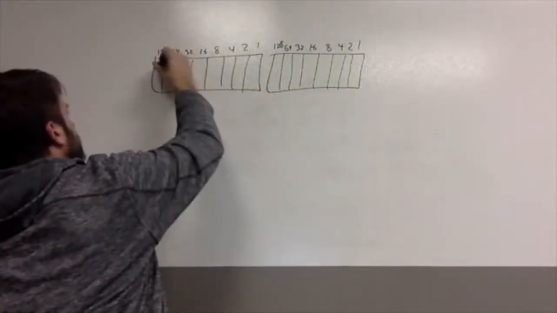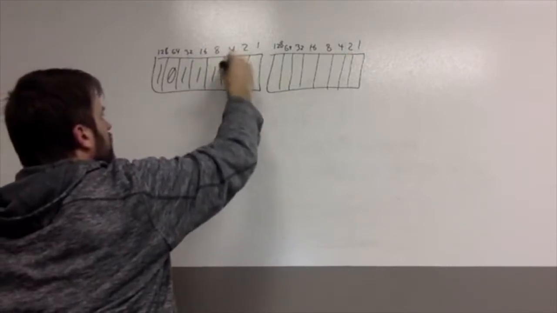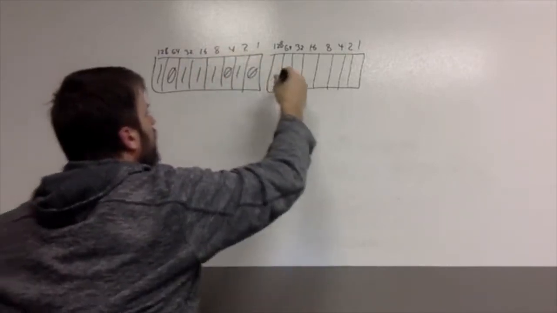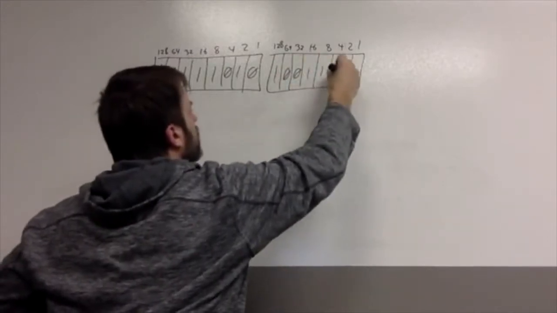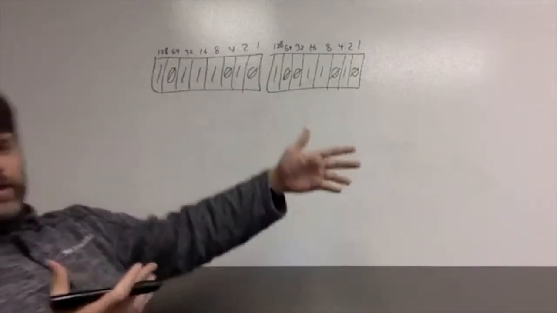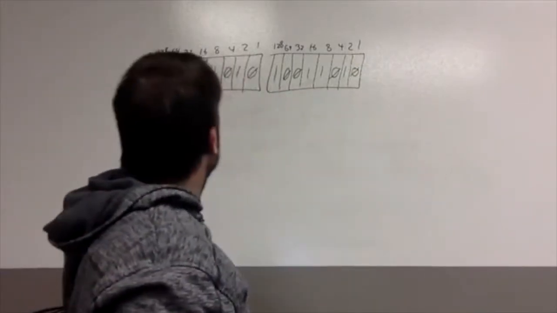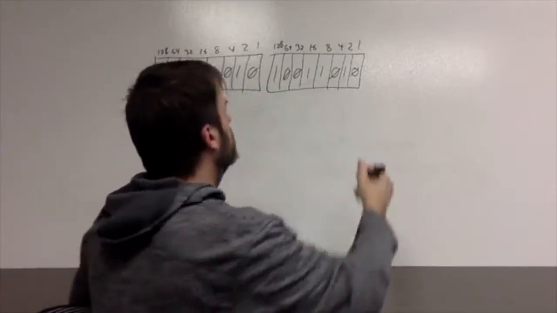So say this is our value. Okay, I just kind of randomly threw 1s and 0s in there. It doesn't really matter. So for each one, we're going to do the same thing we did before, right?